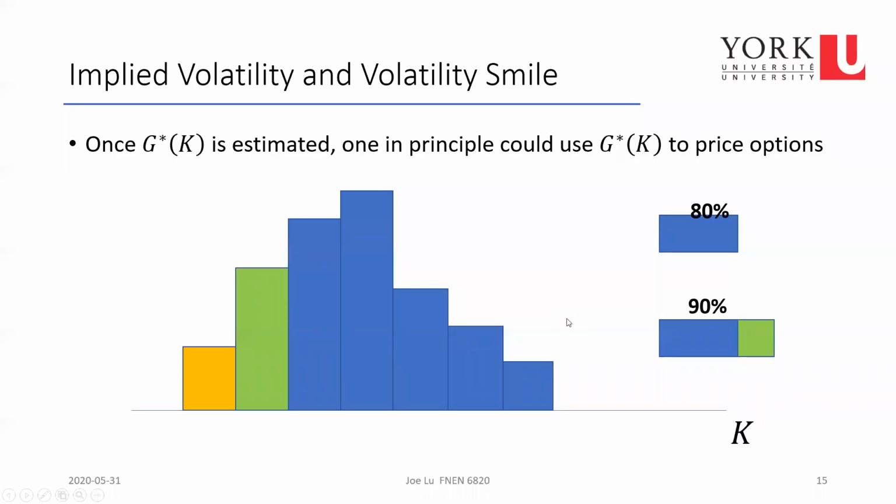So, if you have calls with strike prices of 120 and 80, you can then use the recovered implied risk neutral density function to calculate options with strike prices of 105 and 95, for example.